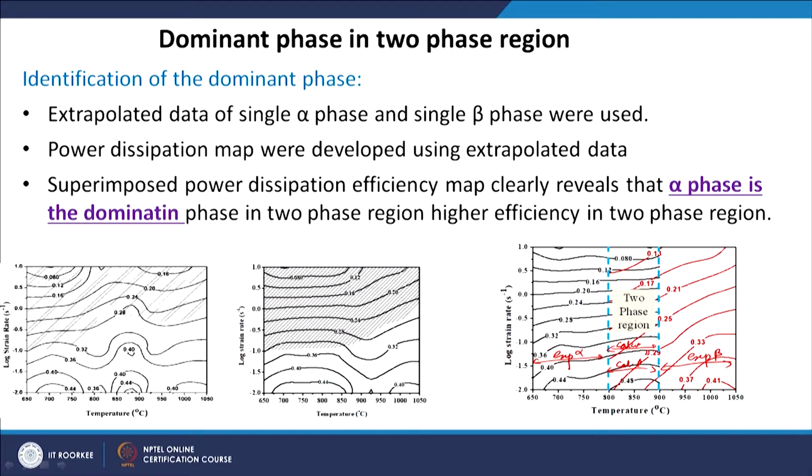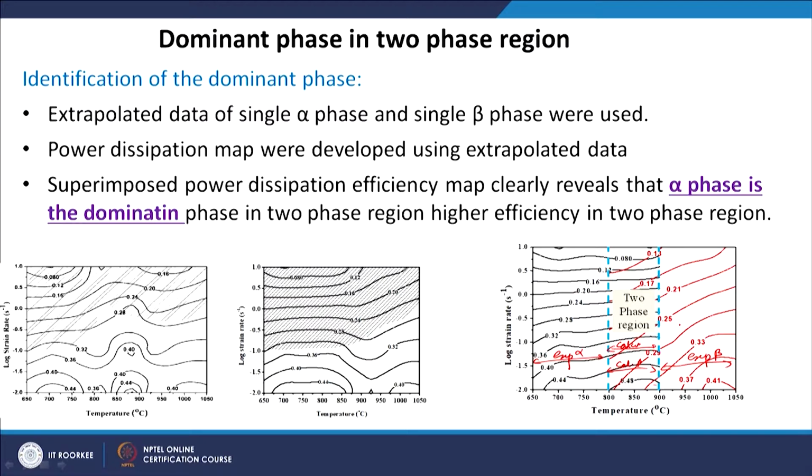And what you should be able to appreciate here is that all these black lines are the efficiency contours for the alpha phase. So, in the alpha phase you have a high efficiency of 0.48, 0.44 in the two phase region, whereas in the beta phase the highest efficiency is 0.33 at higher temperature. In the complete two phase region it is around 0.29 or 0.25.